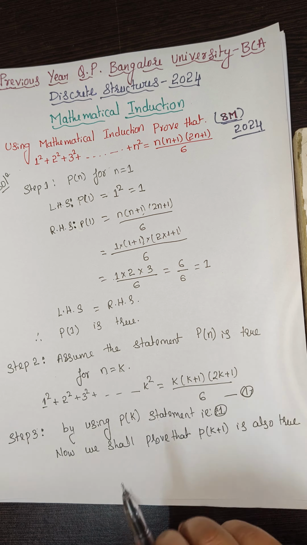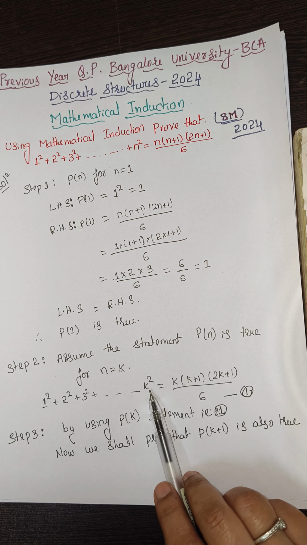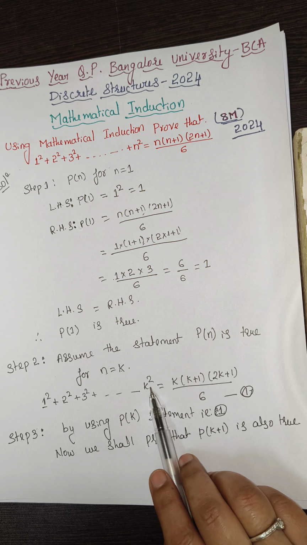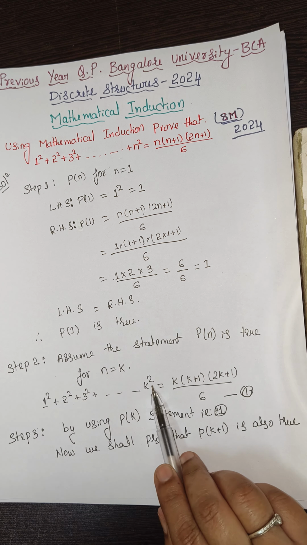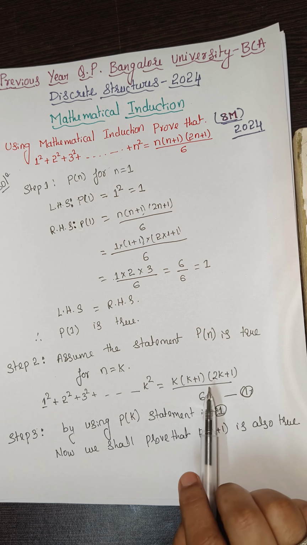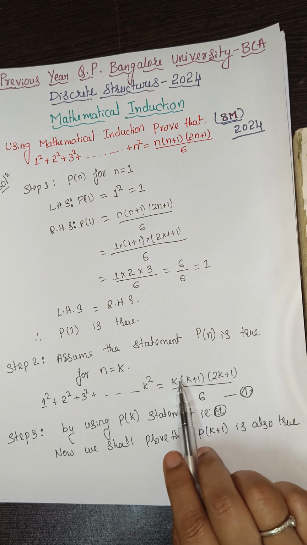How to prove this? We need to prove here that P of k plus 1 is true. The last term should come here, k plus 1 whole square on the left side. So on the right side also, k changes to k plus 1.